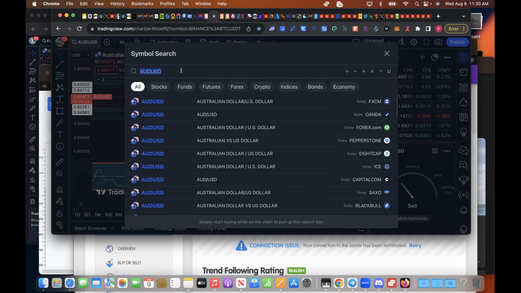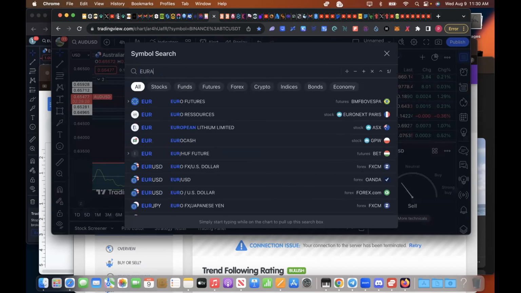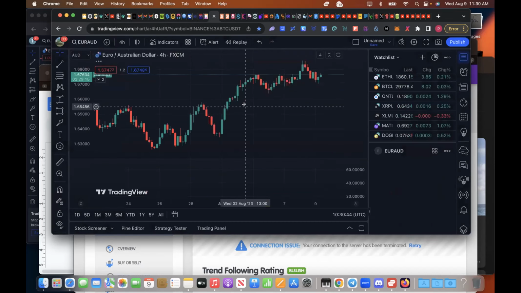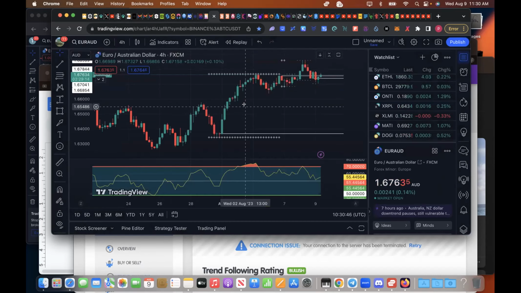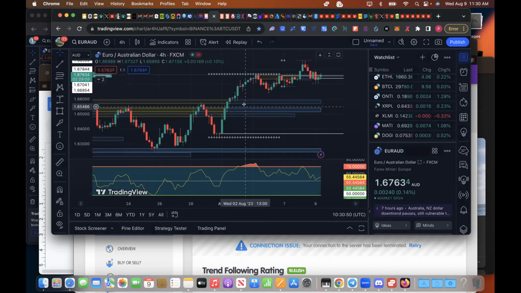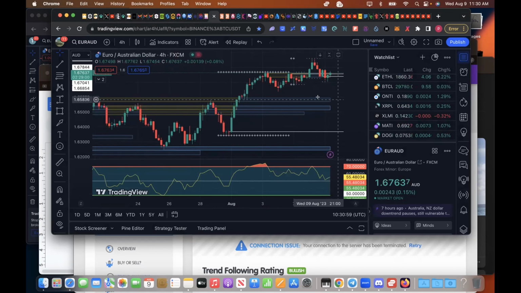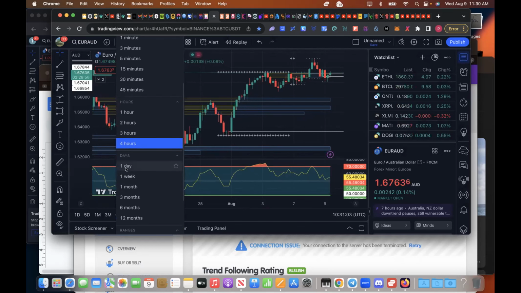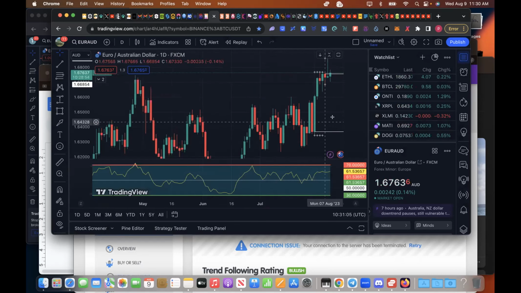Euro AUD, so let's look at Euro AUD. We should be selling anytime soon.